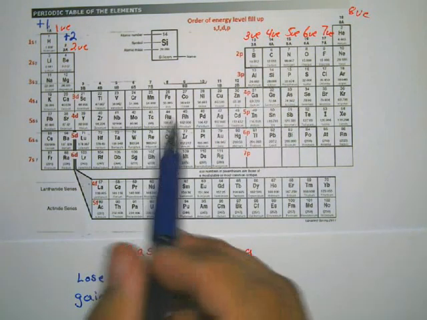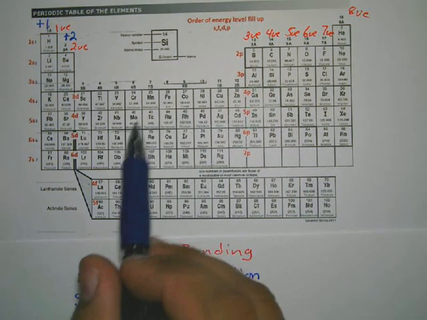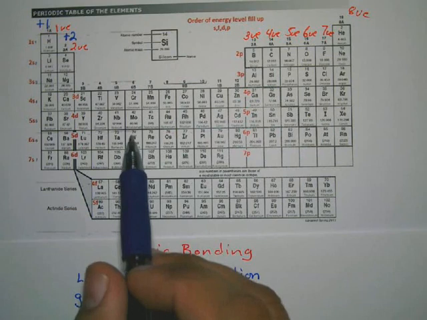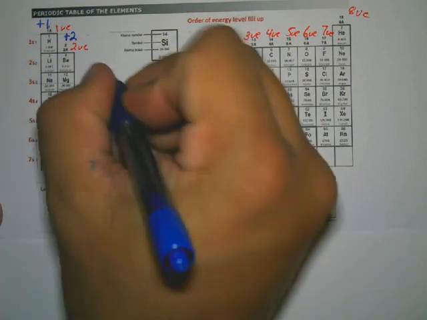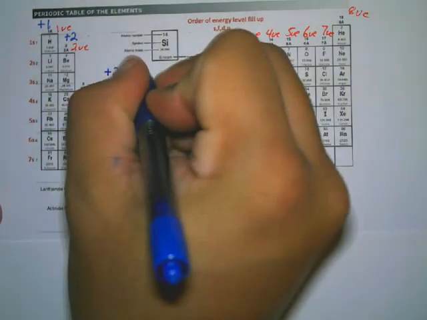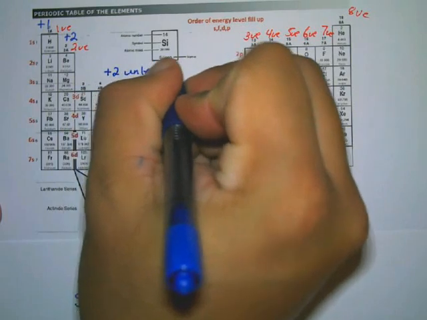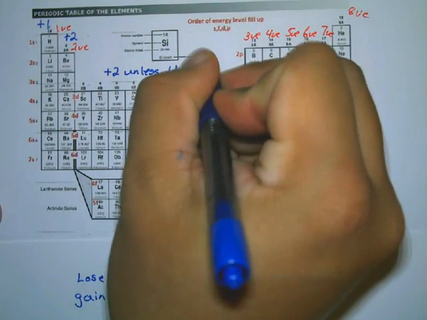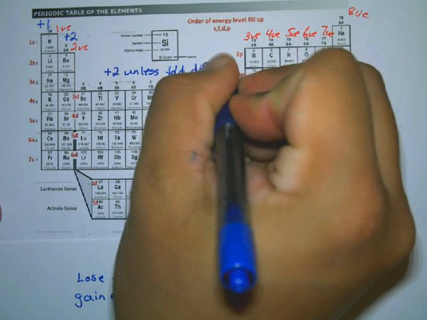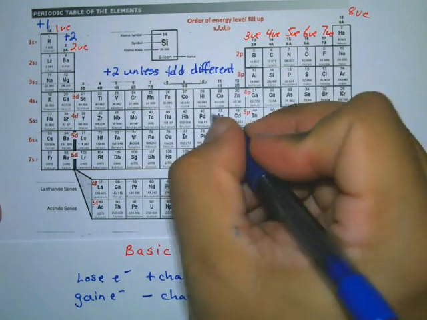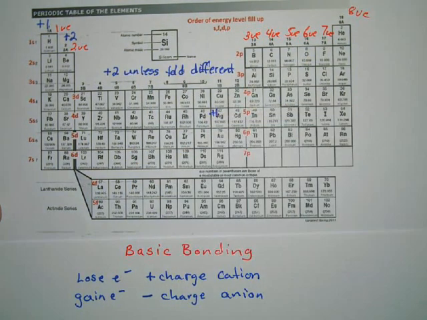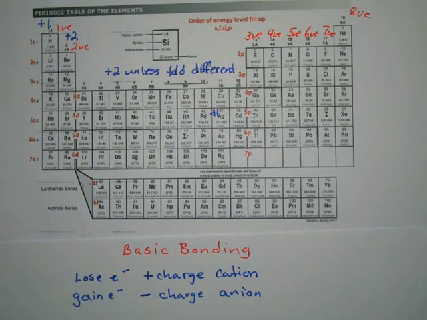Now, these middle guys right here, I'm just going to make this super generalized rule. We're going to say they are +2 unless told different. And most of the time, they will just be given to you. Except for silver. Silver is always +1. Not always, but most of the time +1. But this is a super general rule. It's not concrete, because these guys have multiple oxidation states that we're not going to go into right now.